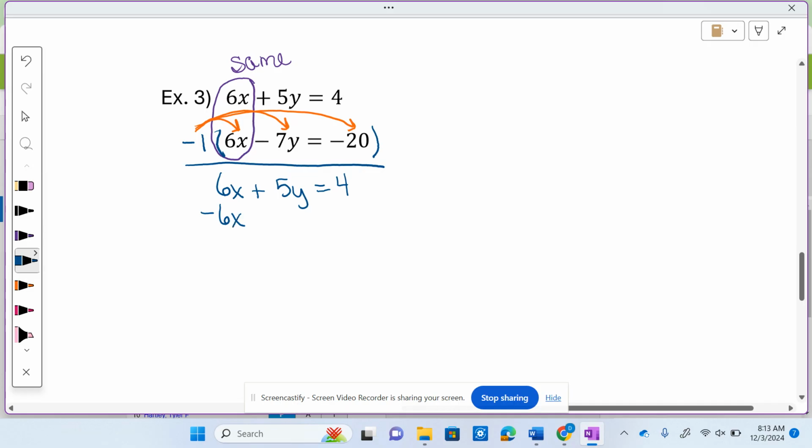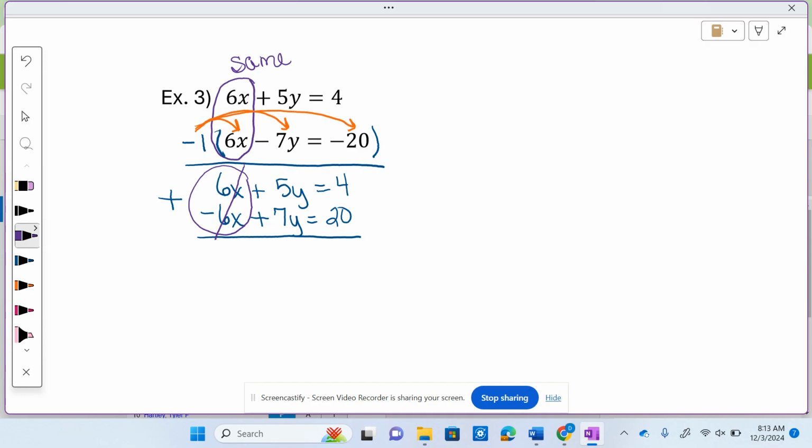A negative 1 times a negative 7y is a positive 7y. A negative 1 times a negative 20 is a positive 20. So when I add these two equations together, here are my opposite coefficients that will cancel out. So now I have opposite coefficients.